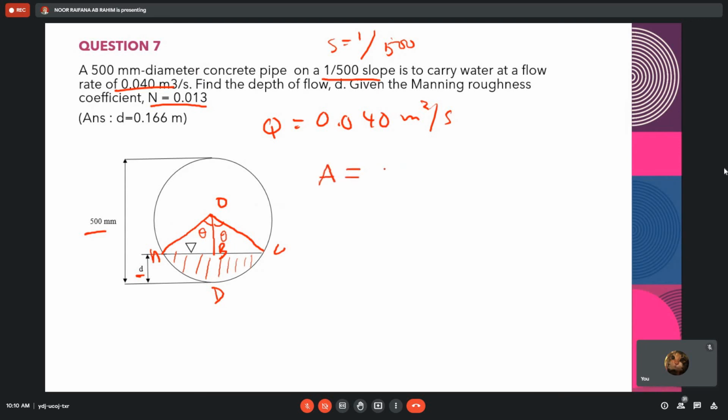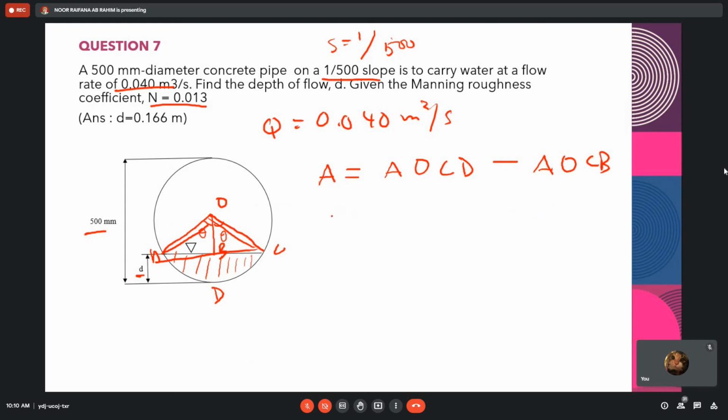Area adalah yang besar ni nak senang kan. Kita buatlah area of AOCD minus area yang segitiga ni, minus AOCB. Ni cara saya nampak lah macam nak kira area dia.